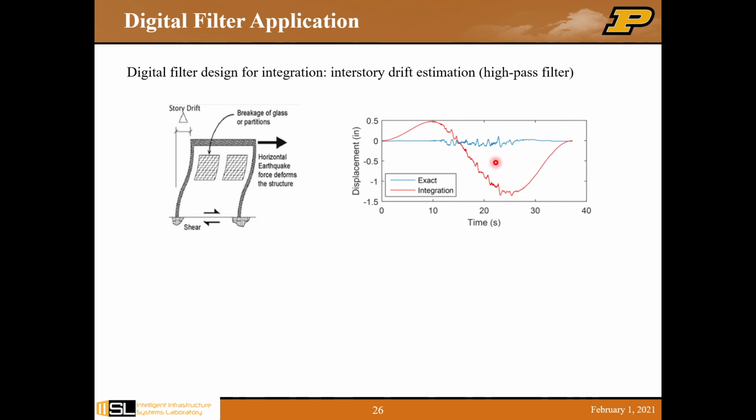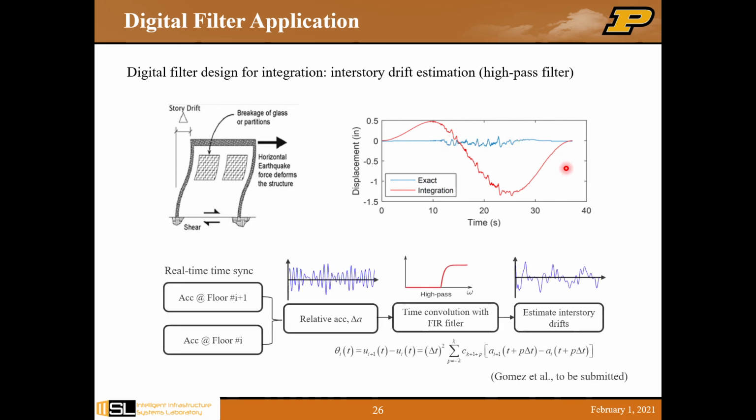But the problem is that if you look in detail at integration, the initial noise is amplified to a very crazy number. This illustrates how it looks: after integration, we have crazy integrated results compared to the exact value.